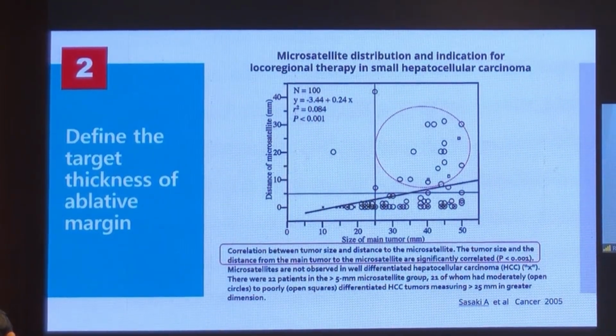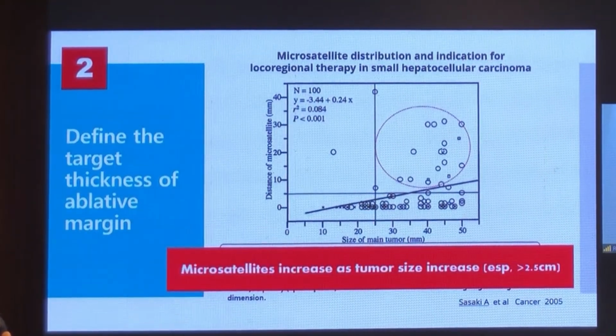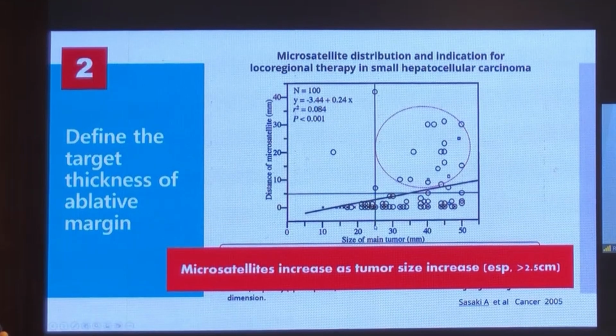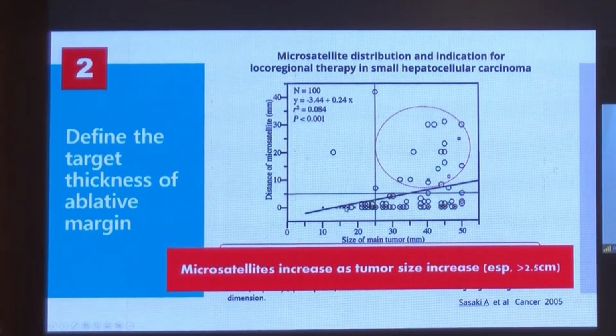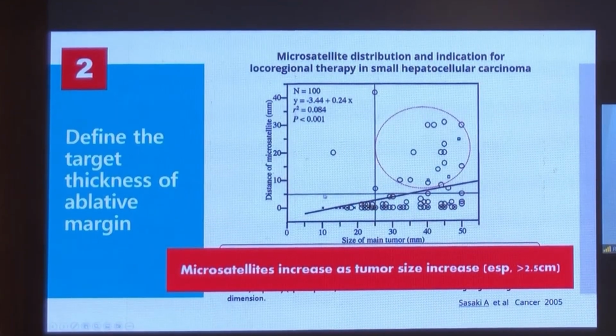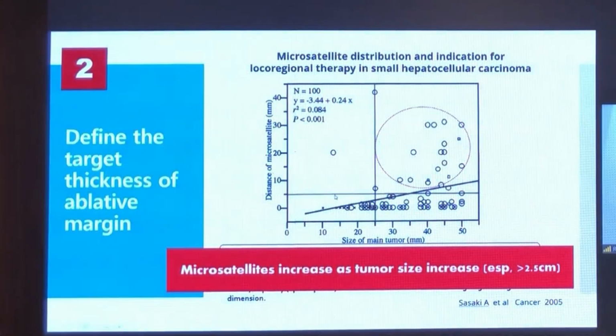And also, microsatellite distribution increases as tumor size increases. So if the tumor size is larger than 2.5 centimeter, we should achieve at least 1 centimeter, 10 millimeter, circumferential ablative margin to cover this kind of microsatellite nodule.